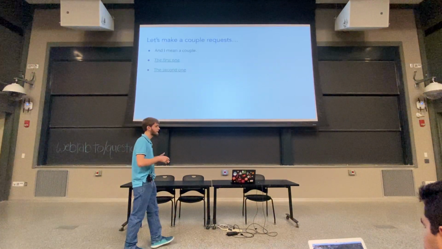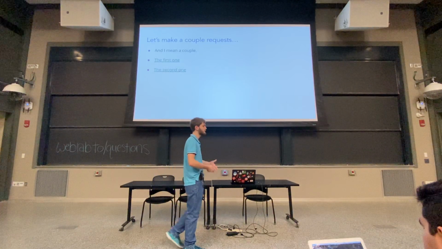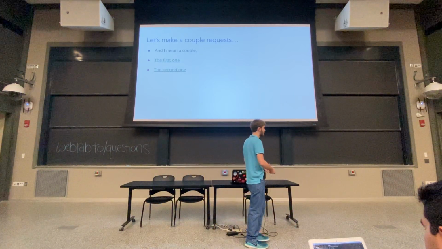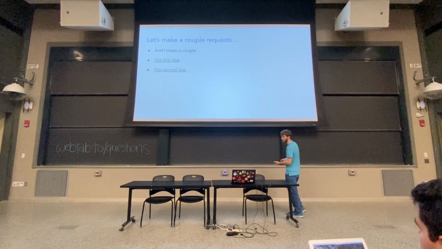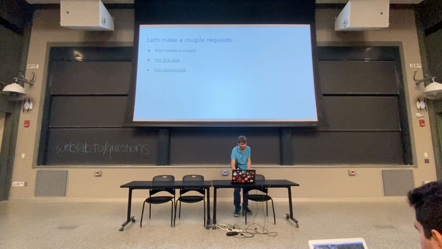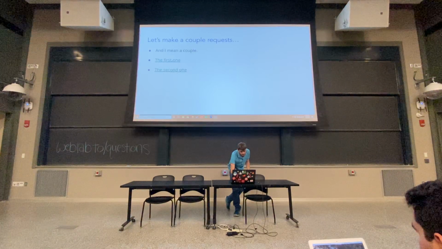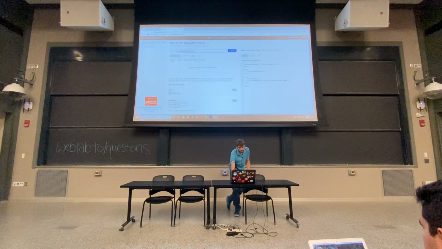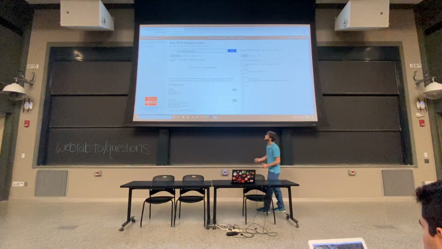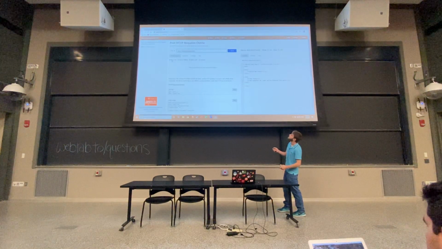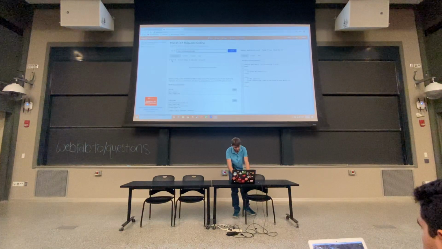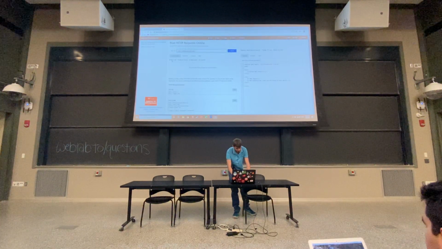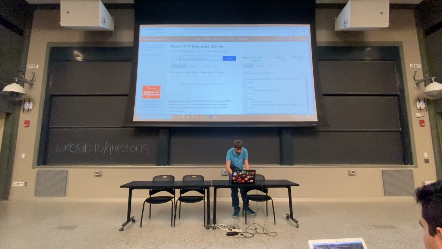So now that we have endpoints, we know how to make requests, we know the status codes, we can actually make a couple requests and see how they go. So I provided a couple links within the slides. So here I've tried to make a request to weblab.mit.edu/yeet. Now, of course, this specific endpoint doesn't exist.